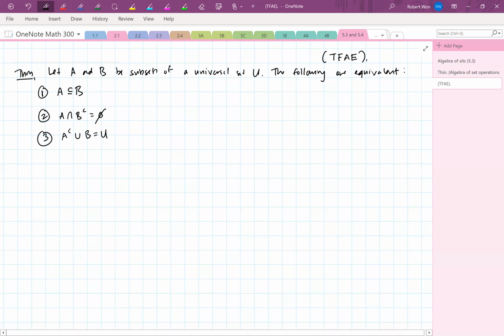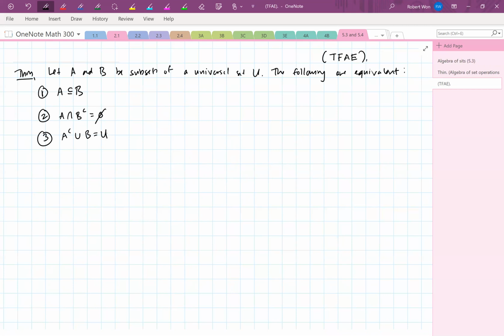Okay, now if someone says a bunch of statements are equivalent, what they mean is that they are logically equivalent. What does logically equivalent mean? It means that if one of them is true, then they're all true. If one of them is false, then they're all false. Right? Logically equivalent means they take on the exact same truth values.